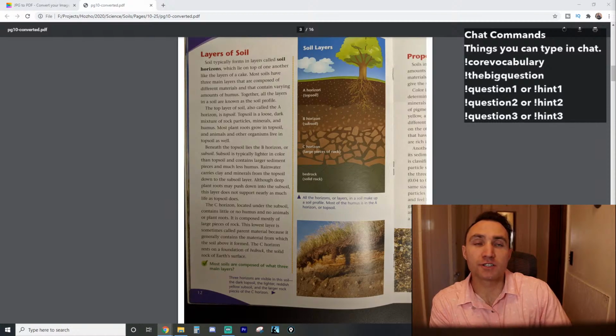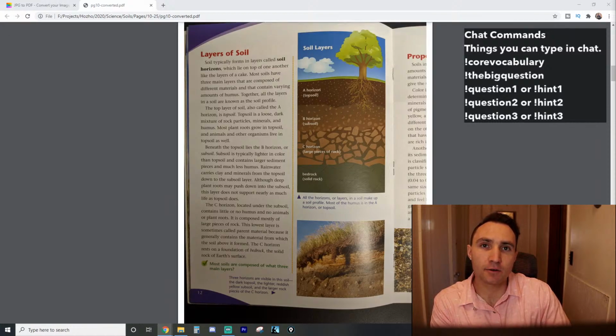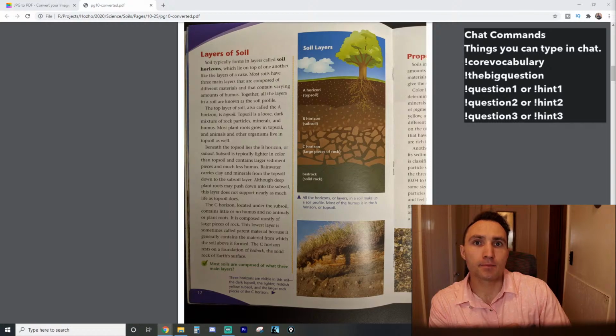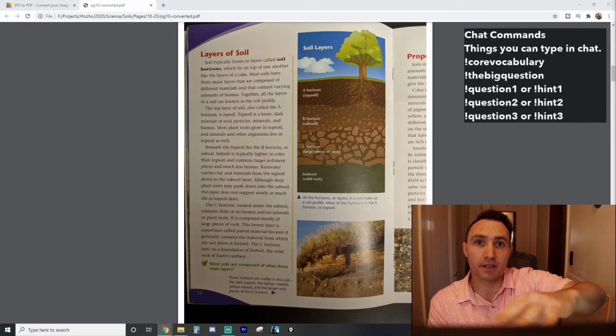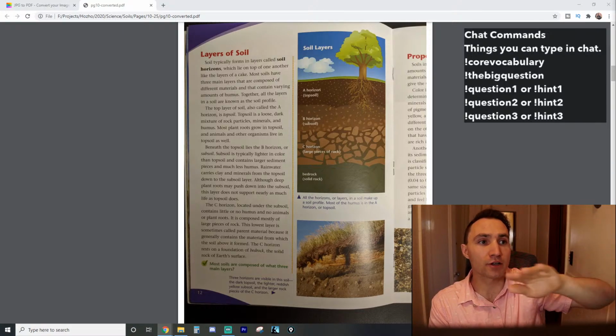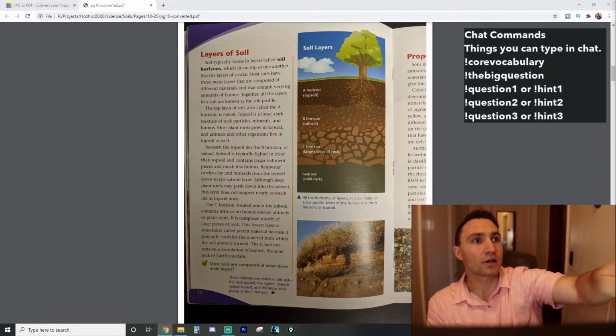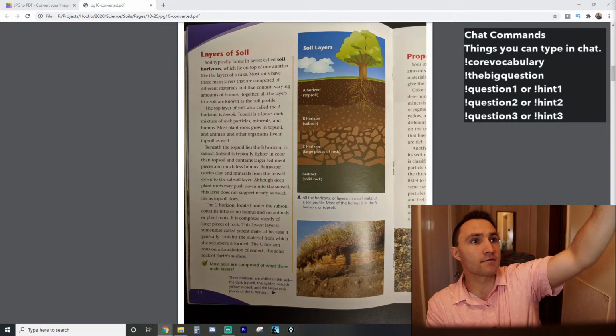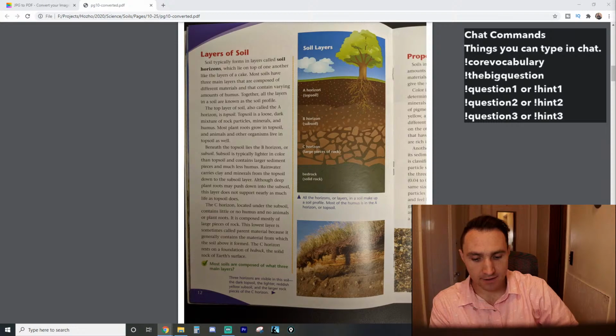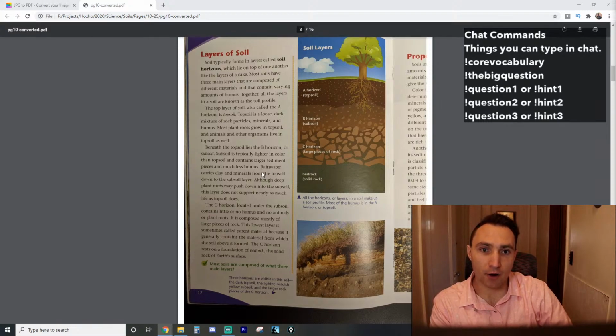So when someone says look out to the horizon, what are they saying? If we were to look out to the horizon right now, what does that mean? It means the earth and the sky, right? That's what we see. When we look out to the horizon, we can see where the earth is, and then above is the sky. That's what we're usually referring to about horizon. And now we're learning about soil horizons.